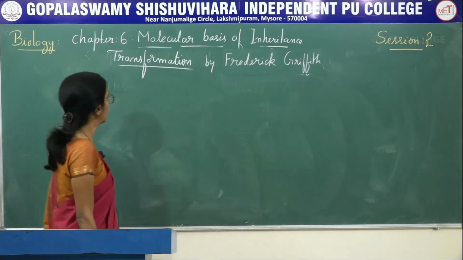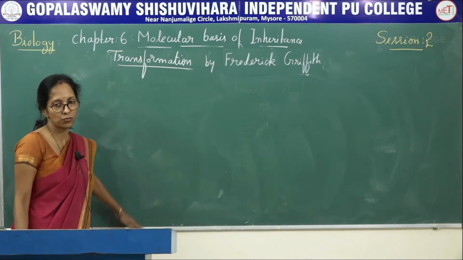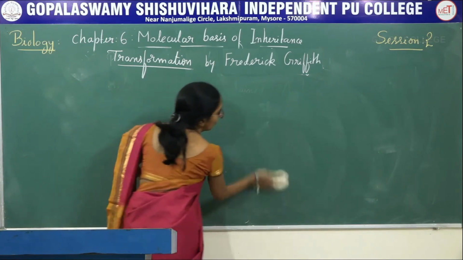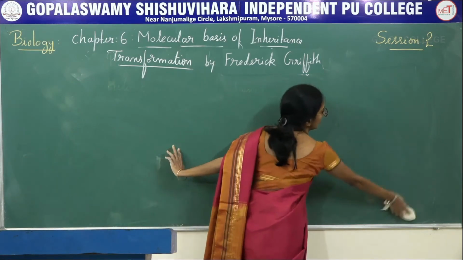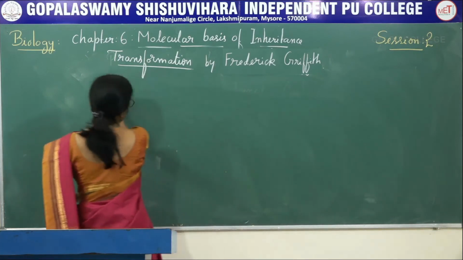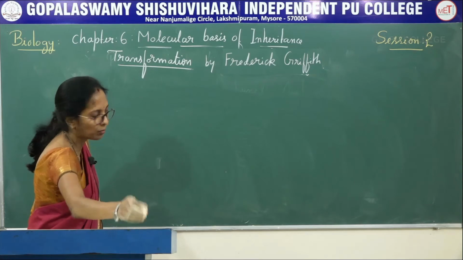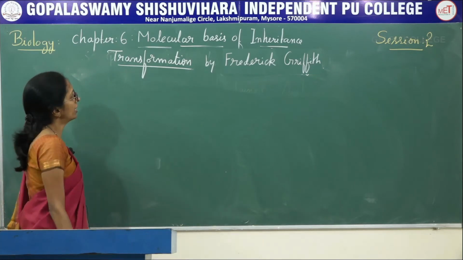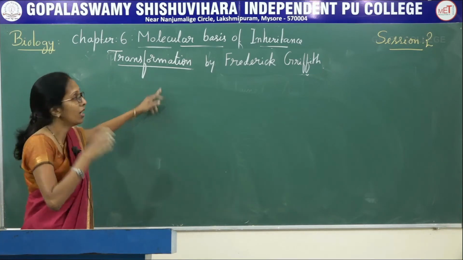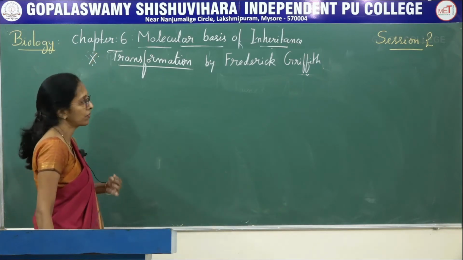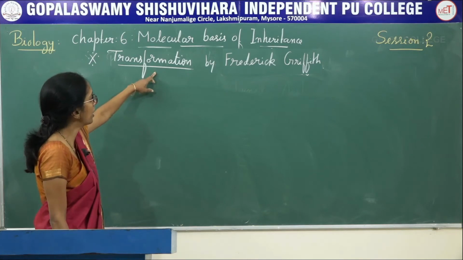The Griffith experiment. What is meant by transformation? It is the movement of genetic material from one organism to another organism. It is very important. They will ask for 5 marks. So, what is meant by transformation?